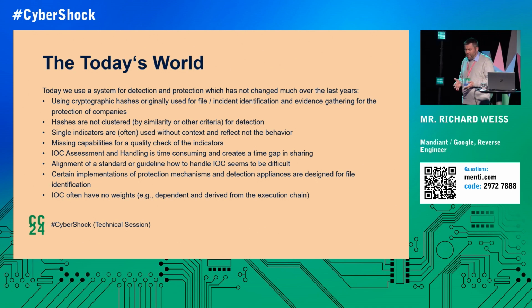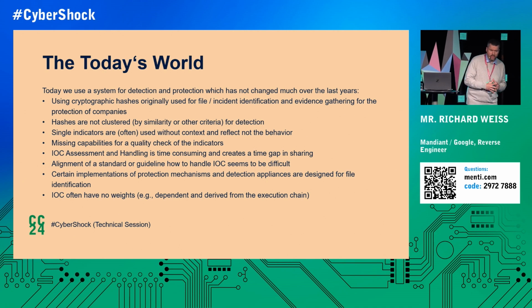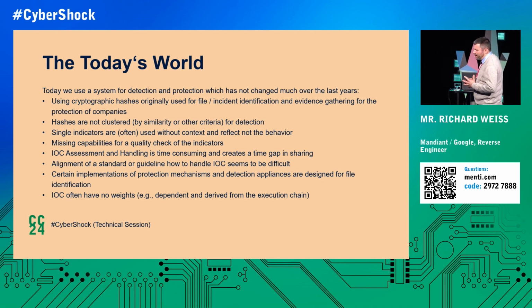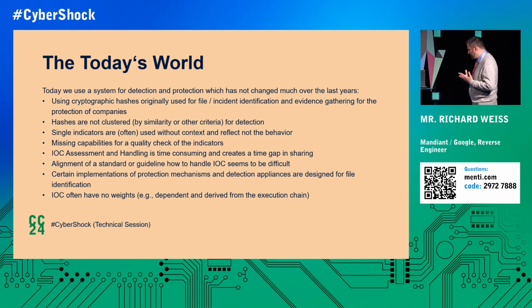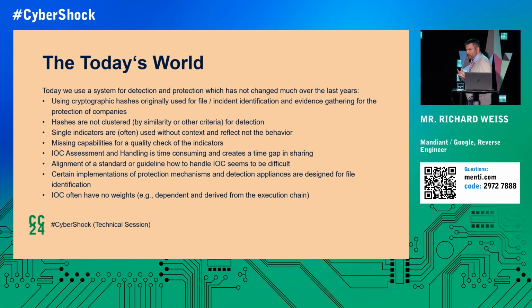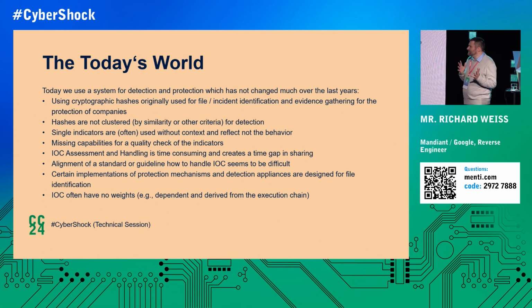Then I saw hashes are clustered by attack. That is quite good if I'm interested in intelligence: who attacked me? But is who attacked me really the way to say how I detect it? Because I can only say who attacked me when I identified before that I was attacked. So that is also a shift in the idea of how to use indicators.